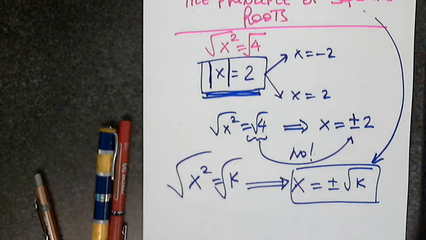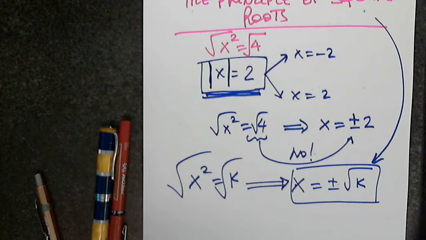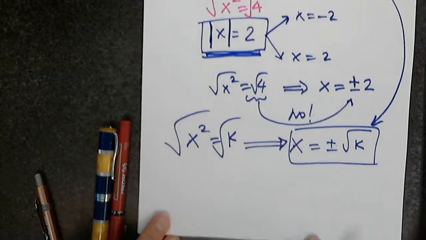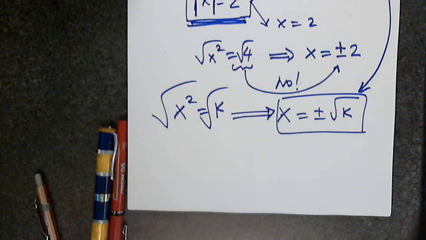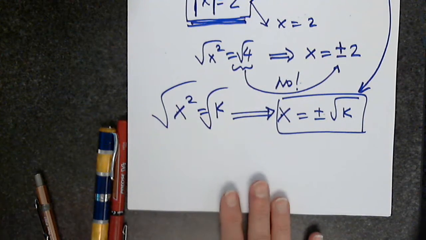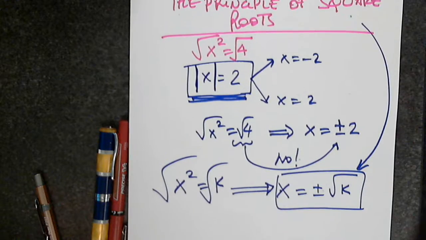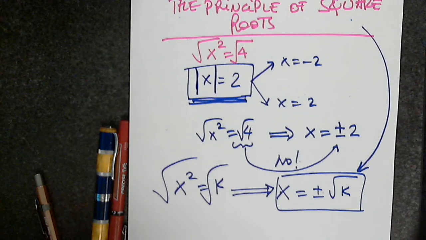However, because we're talking about the length of a side of a triangle, I cannot accept both solutions. Which one are we going to accept, the one with the plus or the one with the minus?